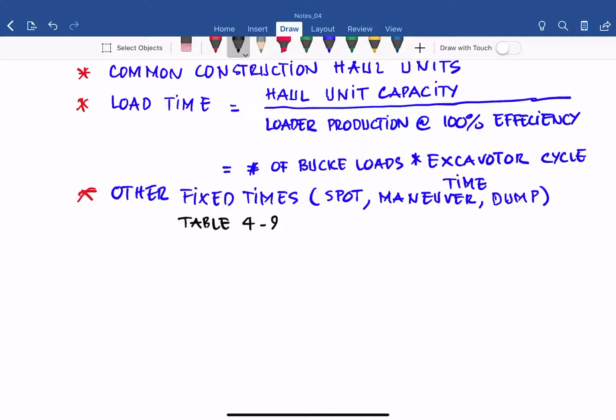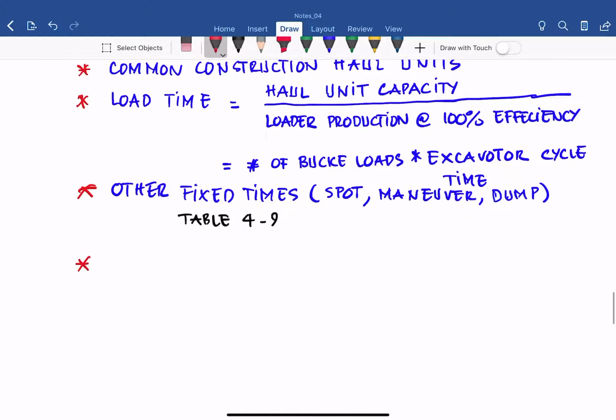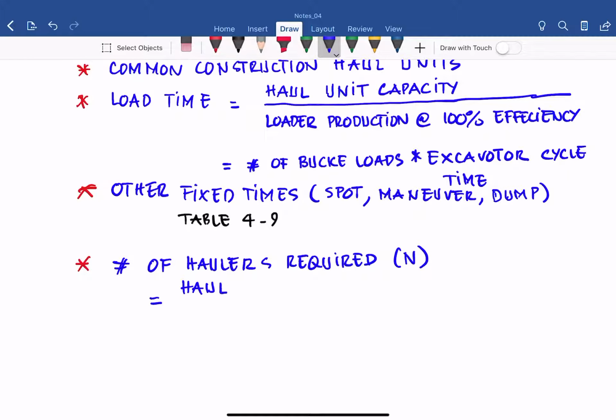So the next one, we can determine the number of haulers required, and that is N capital, and the equation is equal to haul unit cycle time divided by load time.